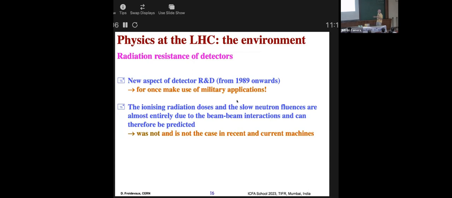The ionizing radiation doses and the slow neutron fluences in ATLAS and CMS are almost entirely due to the beam-beam interactions and can therefore be predicted. This is a very important point because it was not the case in recent and ongoing machines at the time, like Tevatron.